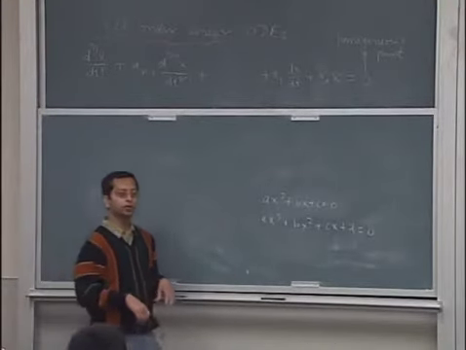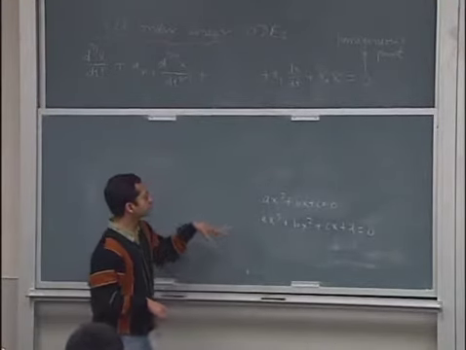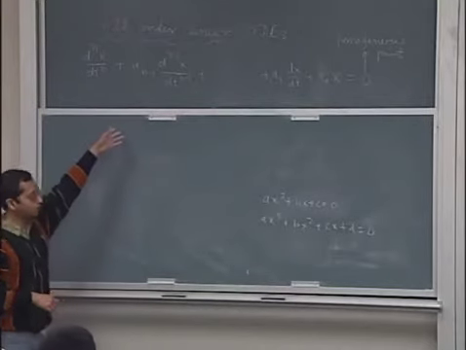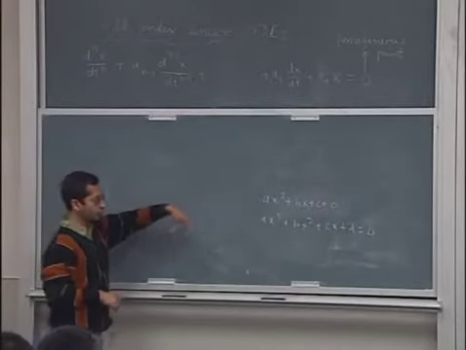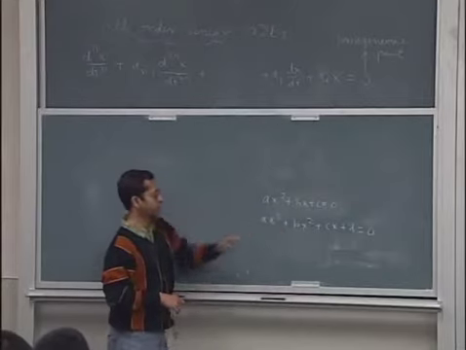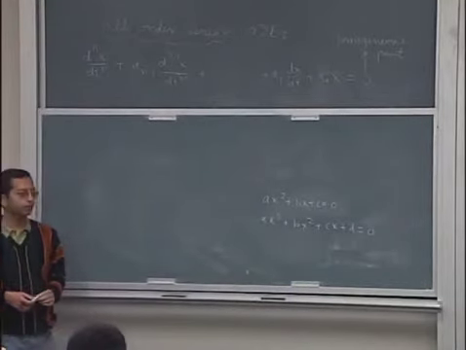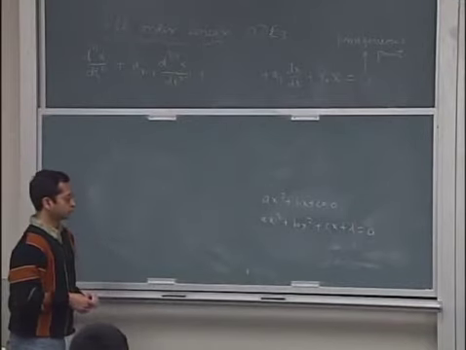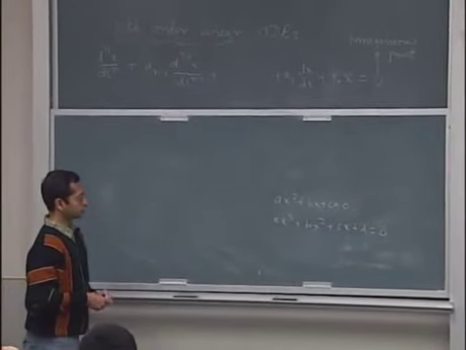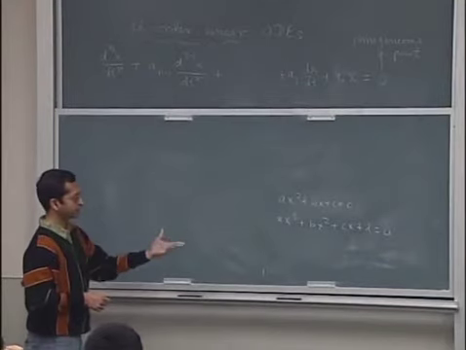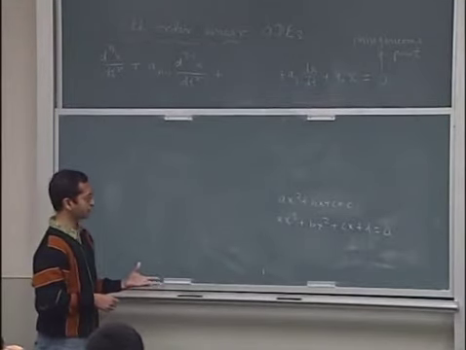And your goal will be, can you write down this nth order linear ODE or do some transformation and end up with such a thing? Okay? And you will see the same strategy when you solve partial differential equations.